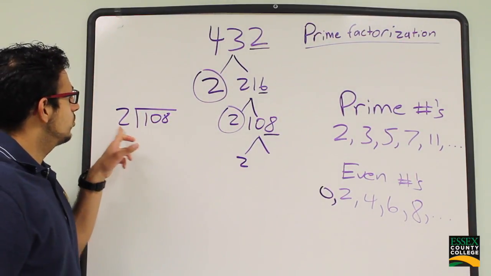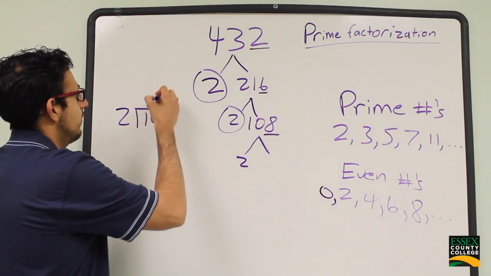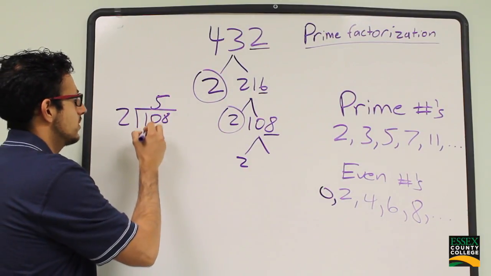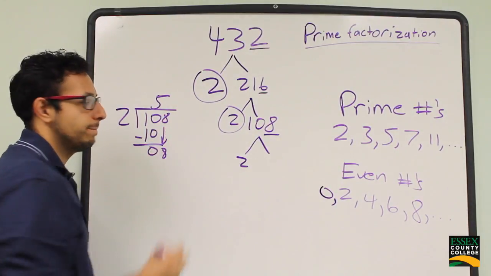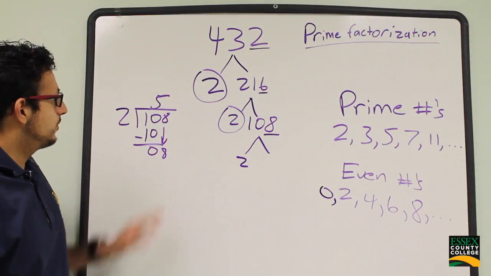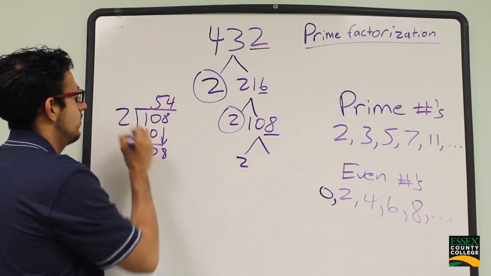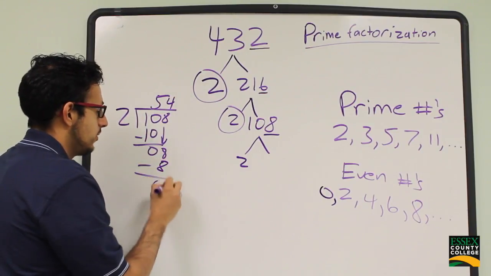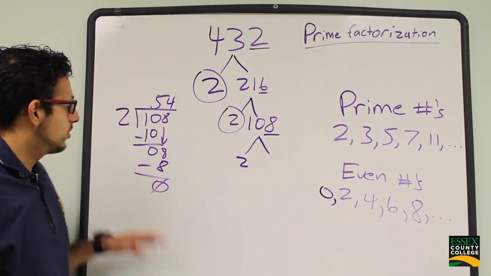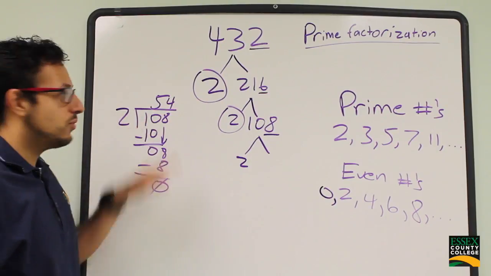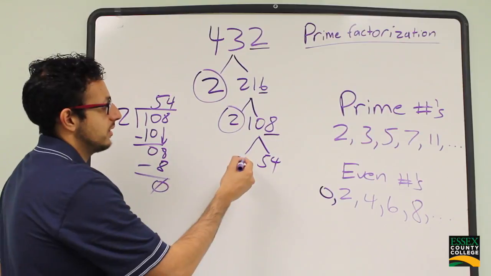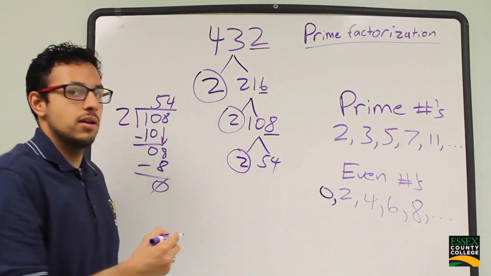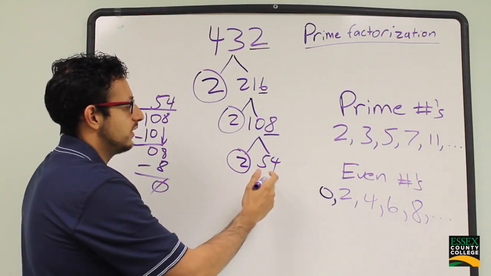How many times does 2 go into 10? 5 times. 5 times 2 is 10. Subtract, we get 0. Bring down the 8. How many times does 2 go into 8? 4 times. Subtract, we get 0. So 108 divided by 2 is 54. Again, 2 is a prime number, so we circle it, and we continue the factor tree with 54.